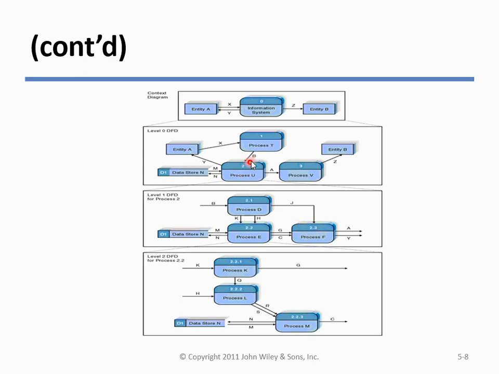Notice the process 2 eats a B, produces a Y, and has this MN interaction. It also produces an A, so it produces a Y and an A. So at level 0, it looks like this B is coming from nowhere, but we know where it's coming from. It's coming from process T, and the context for this is given here.